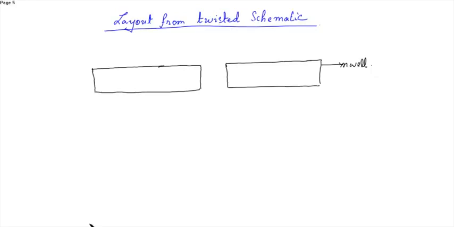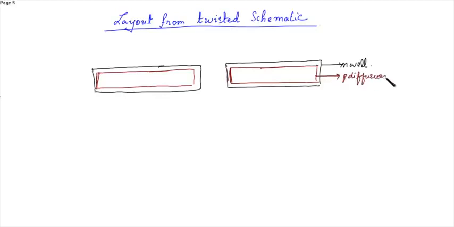After drawing the N-well, now draw the diffusion layers: the P diffusion layer for PMOS and the N diffusion layer for NMOS. Let's say this is the P diff layer.